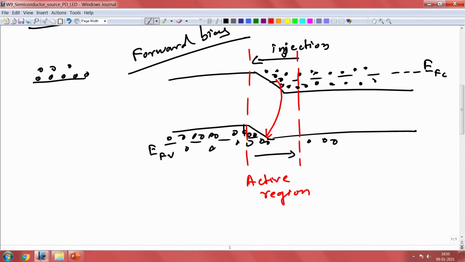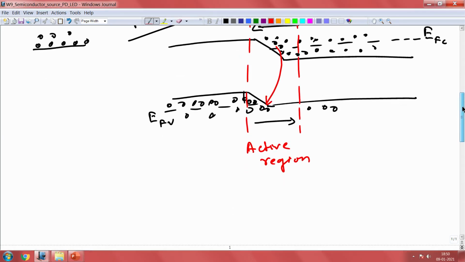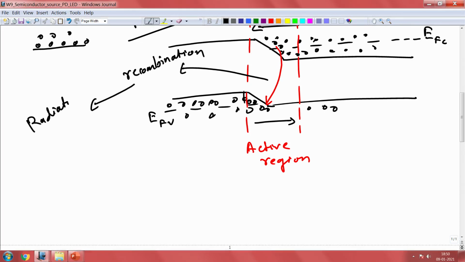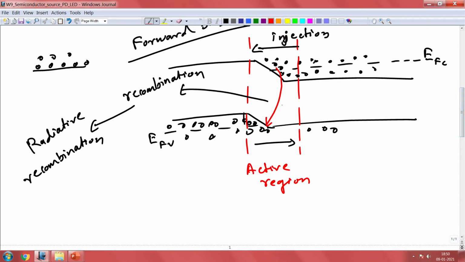But we need to have radiative recombination. What that means is when they are coming down, it should create a photon.